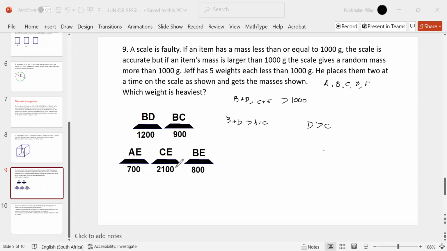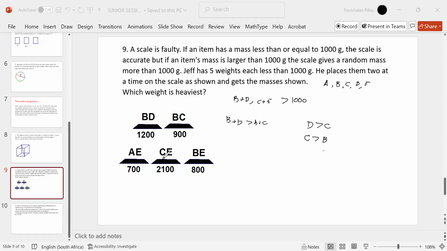Now let's have a look at these two here. The same story goes here. If you remove the E, you see, this is more than 1,000. This is less than 1,000. So if you remove the E, from here you'll have C is bigger than B. Right? And again, the E is okay here as well. In this case, you can see that this is bigger than that.